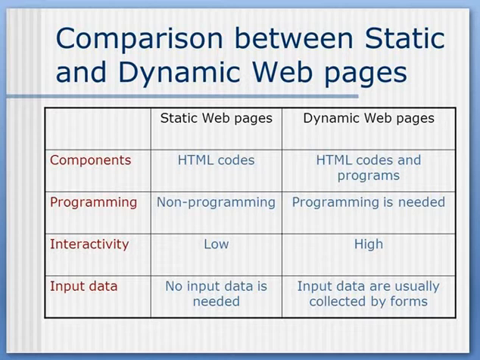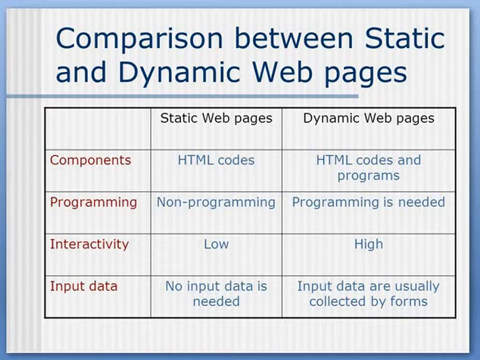In case of a static web page, we already have HTML codes. But in case of a dynamic one, we have HTML codes as well as programs. In static web pages, there is no programming, only design. But in dynamic web pages, programming elements are there.